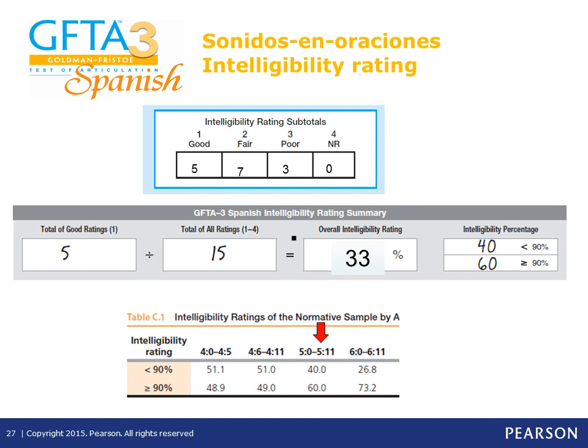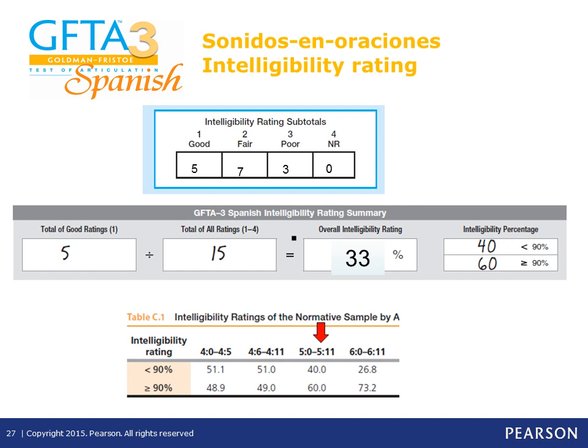To calculate the intelligibility score, count the number of occurrences for each rating. So how many times did you rate the sentence as good? How many times did you rate it as fair, poor? And then if there were any instances where there was no response. Write the sums in the intelligibility rating subtotals box for the story you administered.